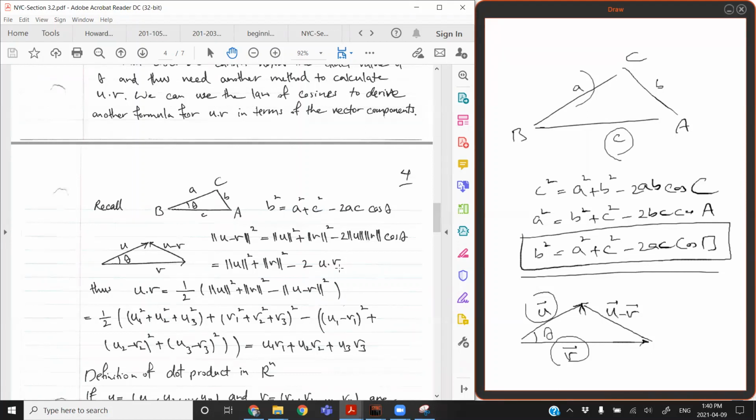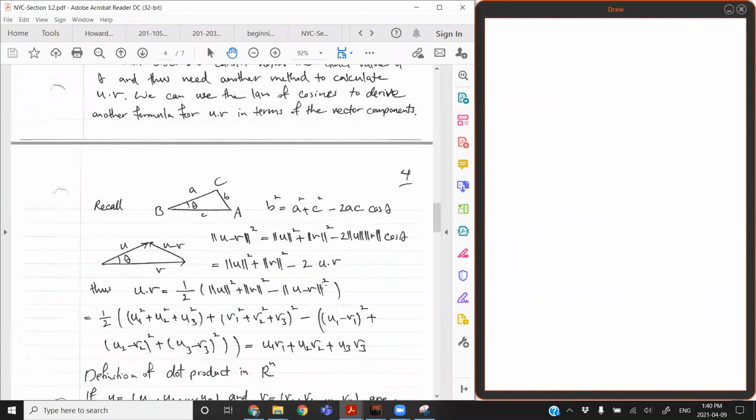So I can now isolate the dot product. This is what I get: norm of u minus v squared is norm of u squared plus norm of v squared minus 2 u dot v.